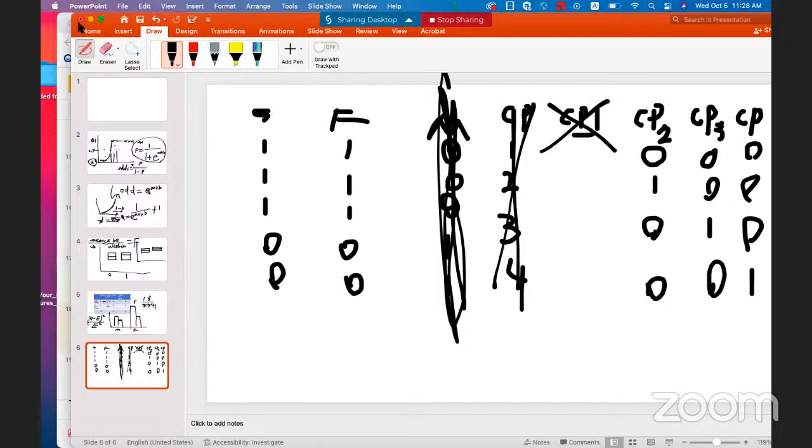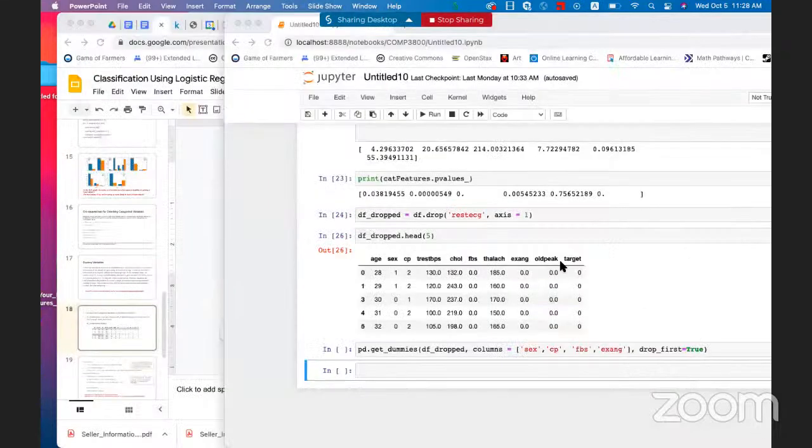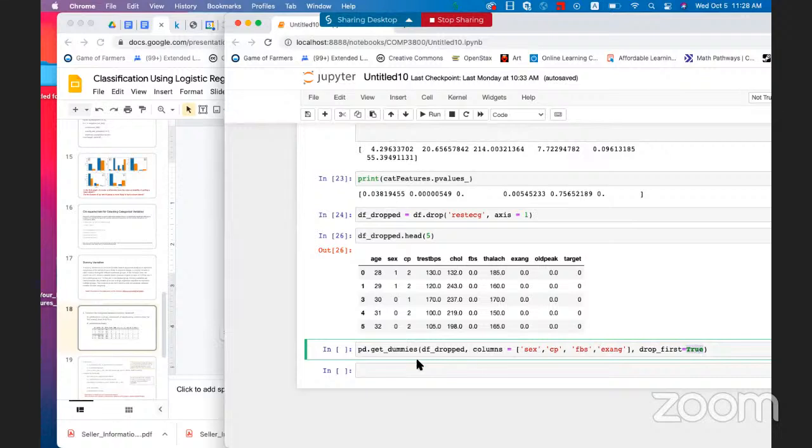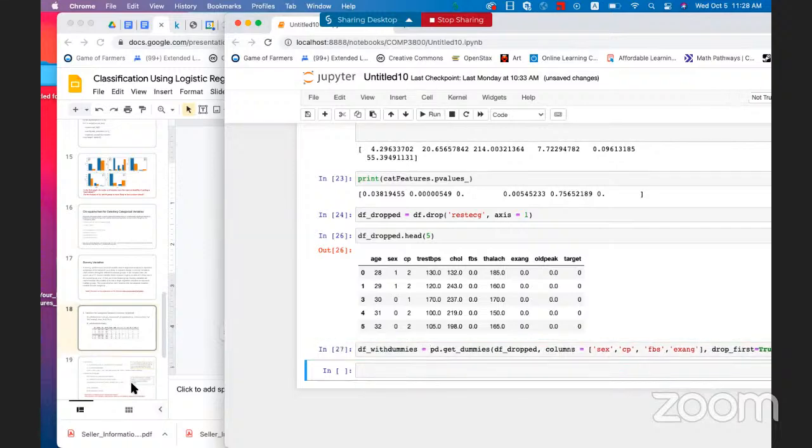So usually we set this drop first parameter to true. I believe I need to reassign it, and then you verify this data again.